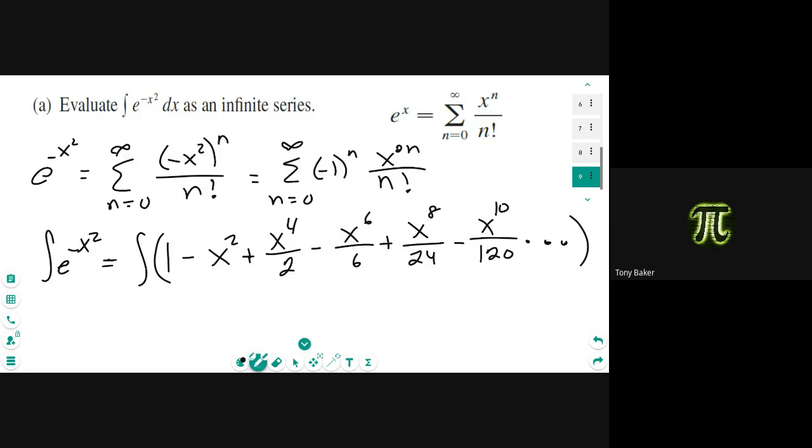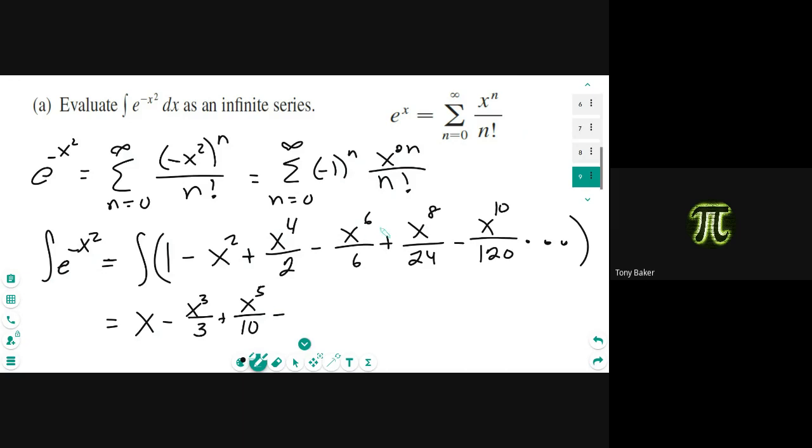All right. Can I find the integral of that? What's the integral of 1? X. What's the integral of x squared? X cubed over 3. What's the integral of x to the 4th? X to the 5th over 5. So 10, all right?